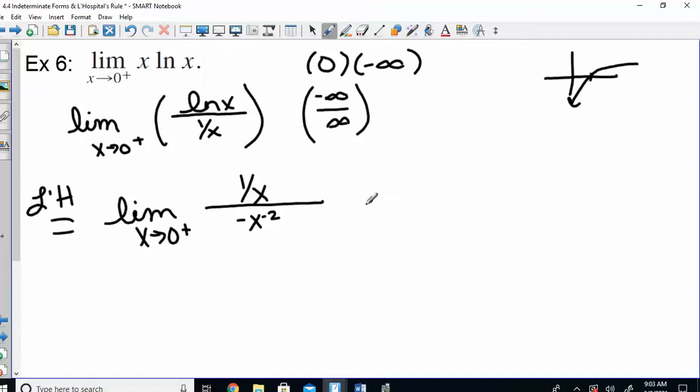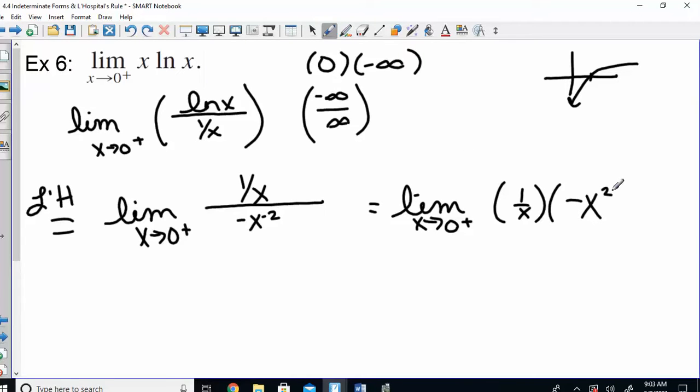I recommend cleaning this up before we try to evaluate that. We have a 1 over x, and negative x to the negative 2. If you bring that x to the top, the exponent would become positive, right? When you change floors, you change signs. So that's like a negative x squared.